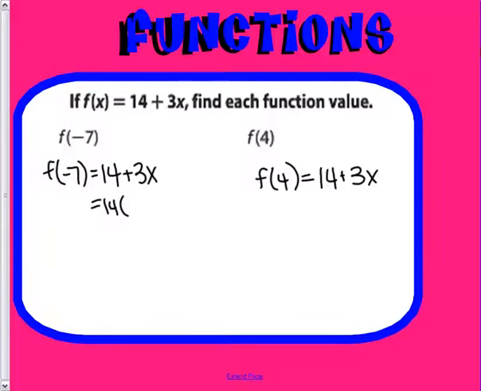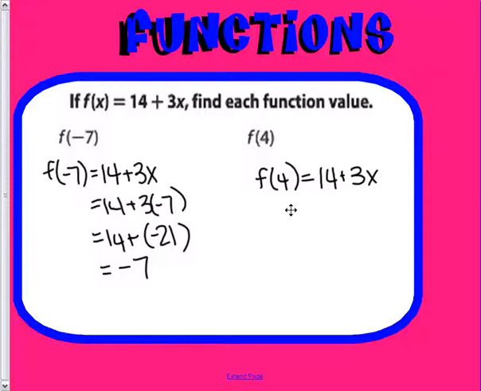If we put a negative 7 in for our x, we're going to get negative 7 times 3, which is going to give us negative 21. And 14 plus a negative 21 is going to give us negative 7.